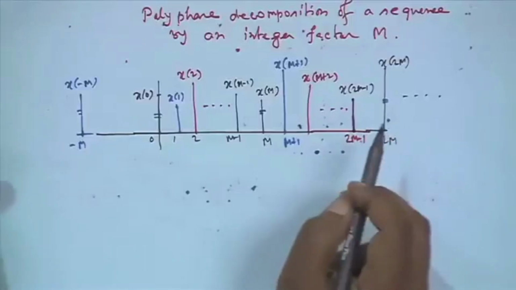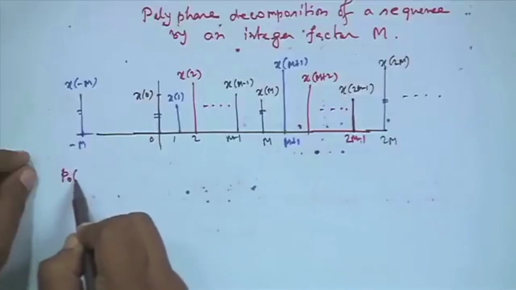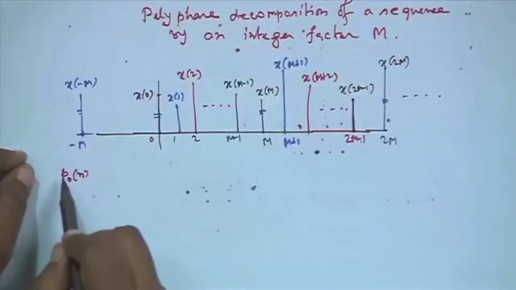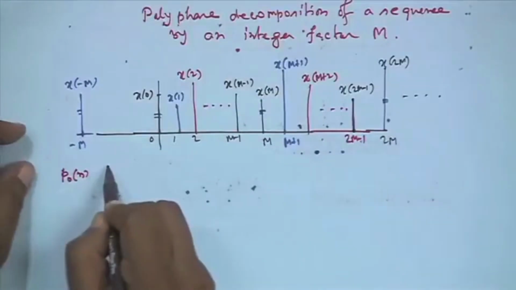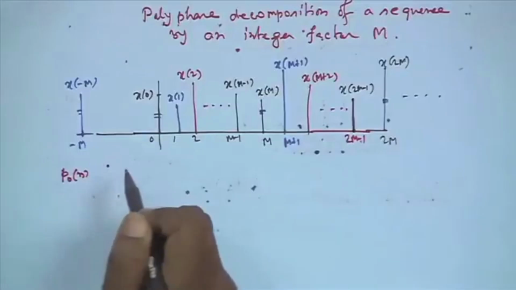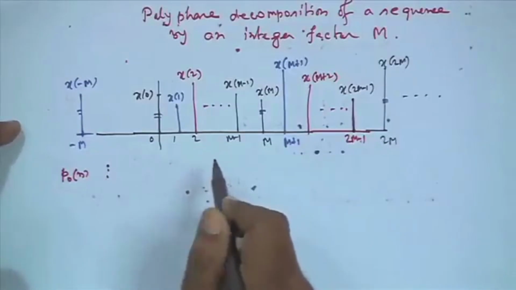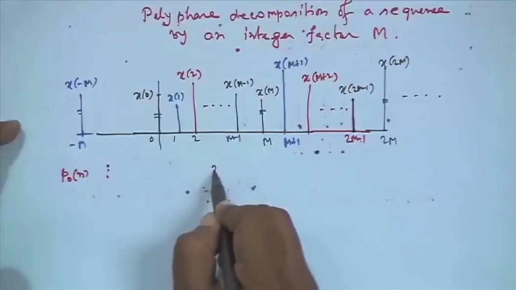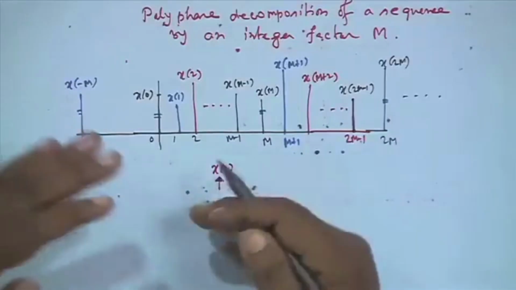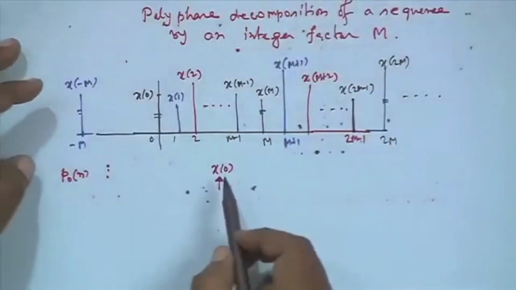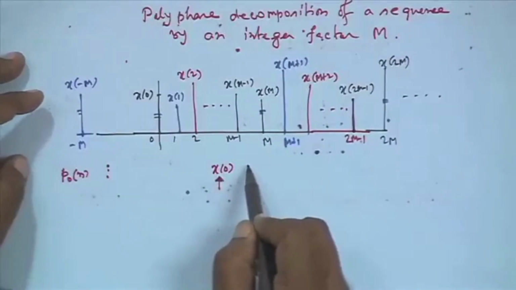If I do like that, I get a sequence which I call the polyphase component, the 0th polyphase component of xn. It will be like this. I can just write in terms of samples, x 0. Instead of showing it by a diagram like this, we sometimes point like this. This is the origin, x 0, sample number 1 is the next.